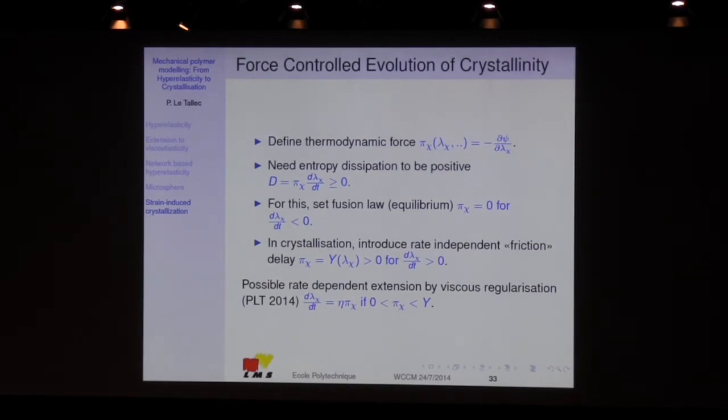In crystallization, since we have seen a delay in the way the crystallites appear, we have had some kind of plastic type yield. The crystallization will only occur if the force is sufficiently large. And you can add to that, if you want a smooth transition between out of equilibrium crystallization and equilibrium transition, a time scale through a viscoplastic regularization.